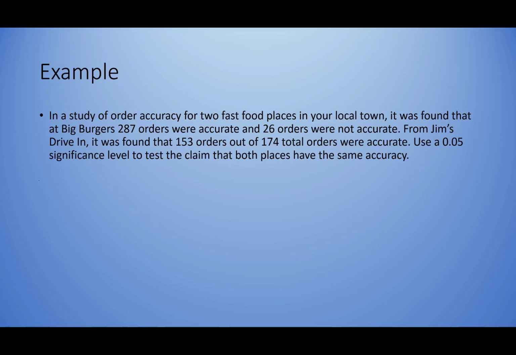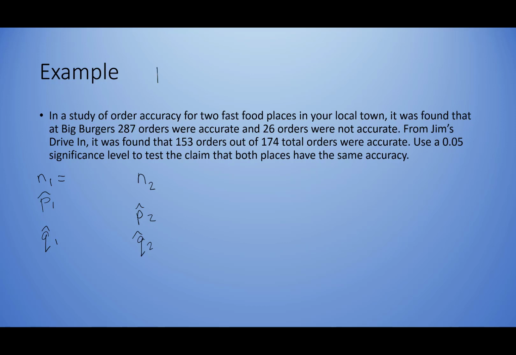So in order to check our requirements, we need to know N1, P hat 1, and then we're going to need to know N2, P hat 2. We're also going to need to know Q hat 1 and Q hat 2, which are the complements of our P hats. So the N1 represents the sample size of our first group.